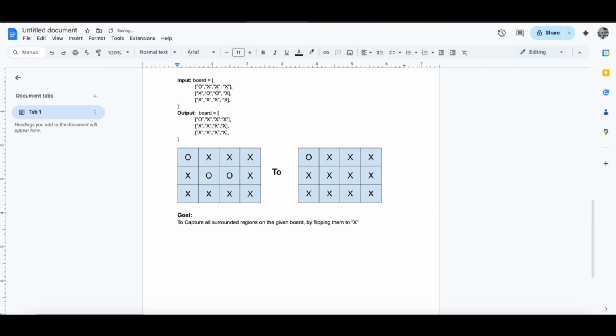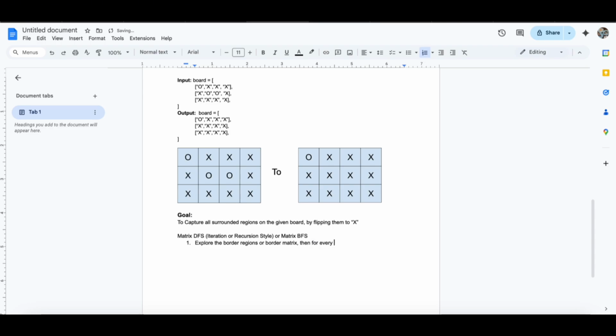To solve this problem, we can use matrix DFS, either iteration or recursion style, or matrix BFS. First, we explore the border regions or border matrix.